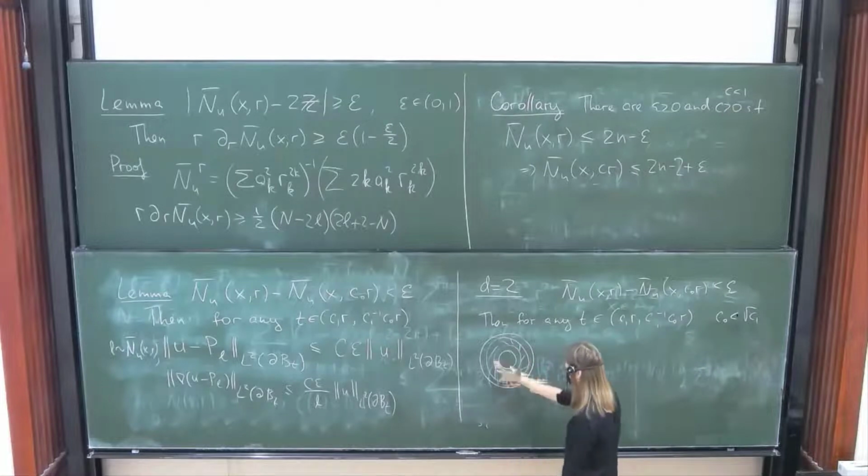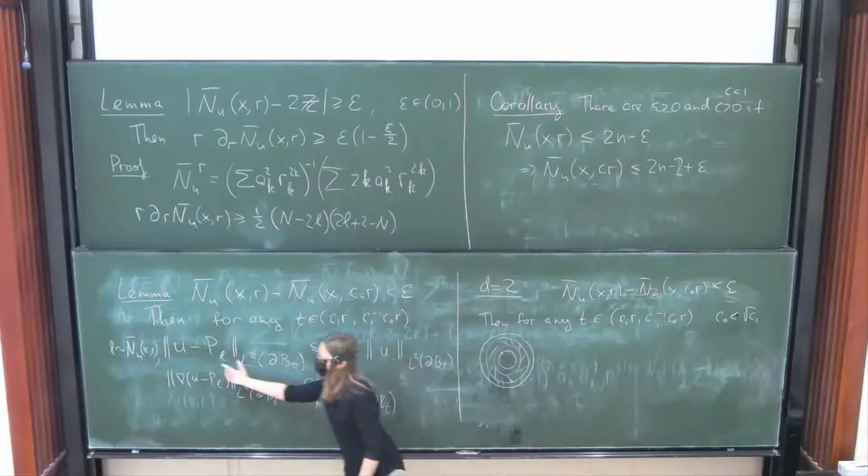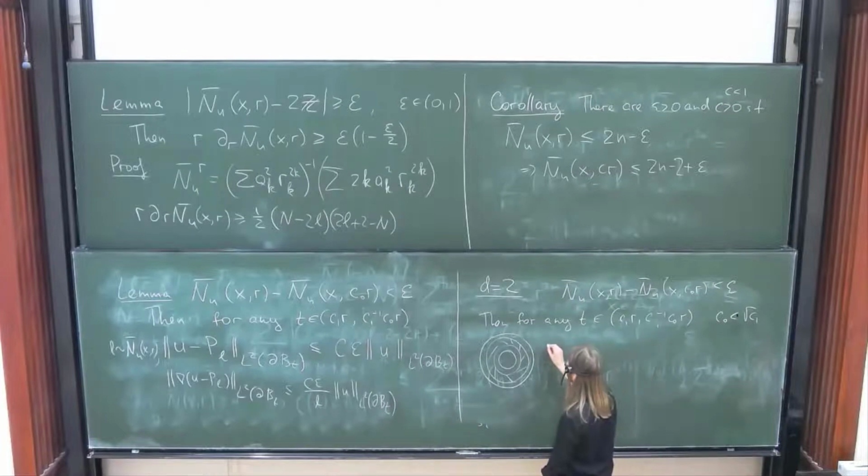We have that there are no critical points here. And the reason is that your function is close to this polynomial, and this polynomial has no critical points.